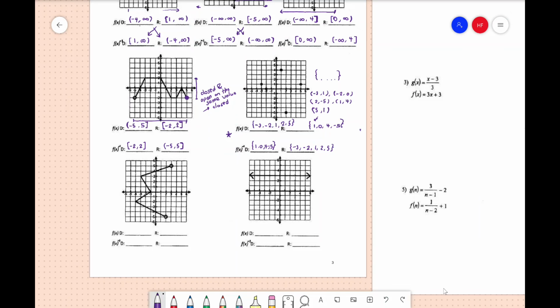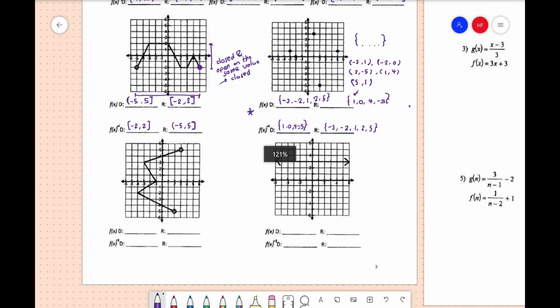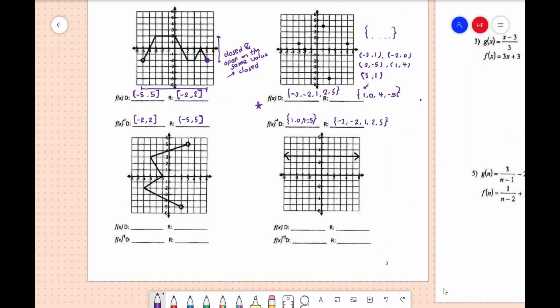Alright, and then we've got this funky graph here. We're going to find the domain and the range of this one. So here, my domain, as always, goes left to right. So here's my lowest value on the x-axis, and there's my highest value on the x-axis. So left to right, those are my highest and my lowest.